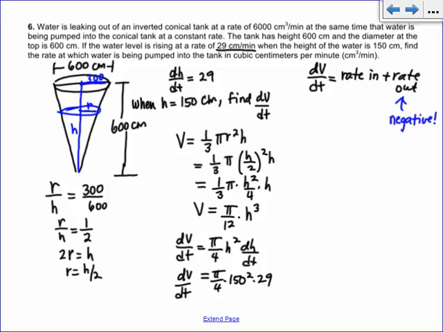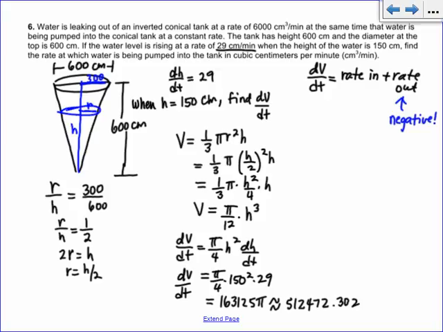I'm just going to find it as a decimal. Well, it would be 163,125 pi. But as a decimal, it would be 512,472.302.